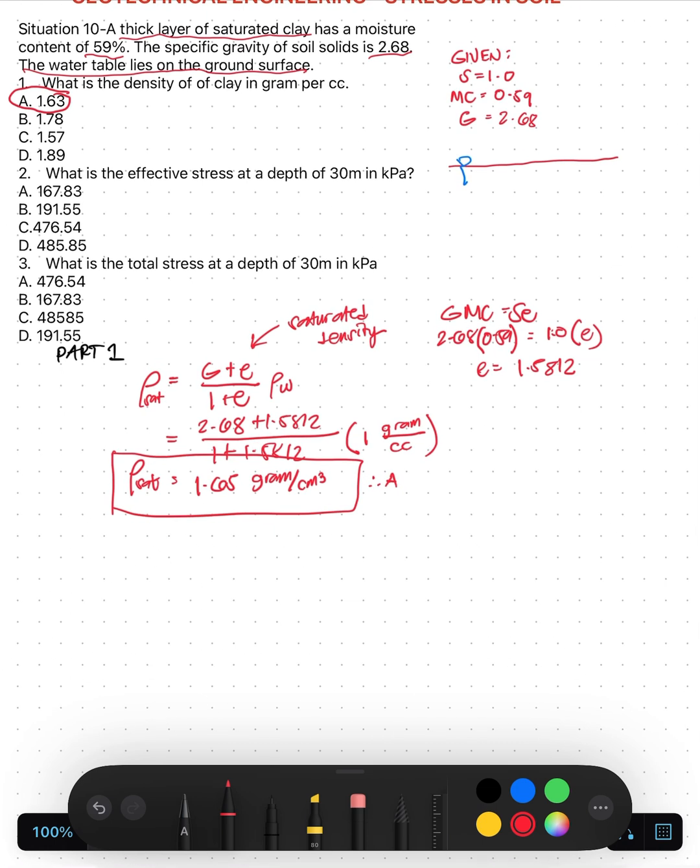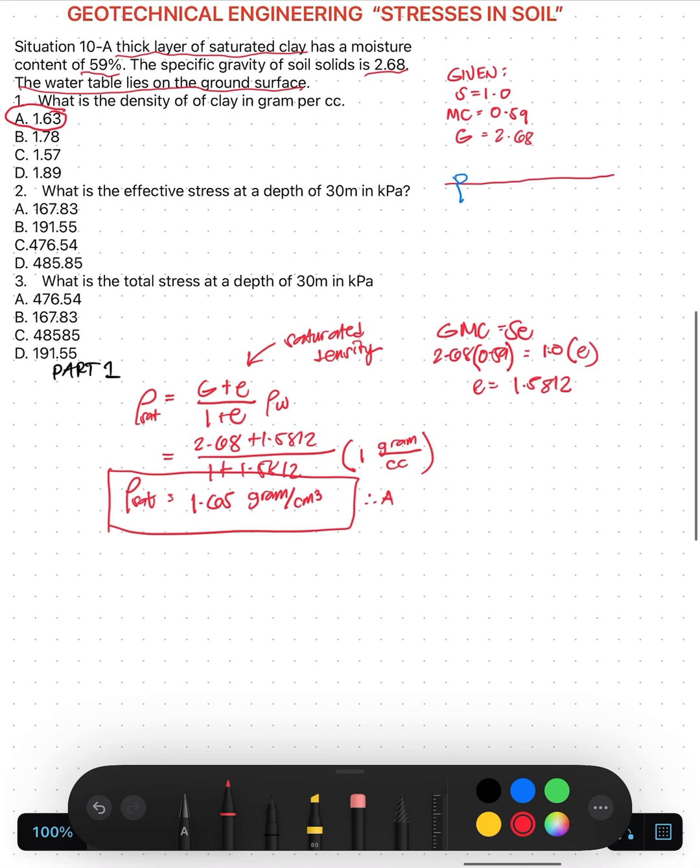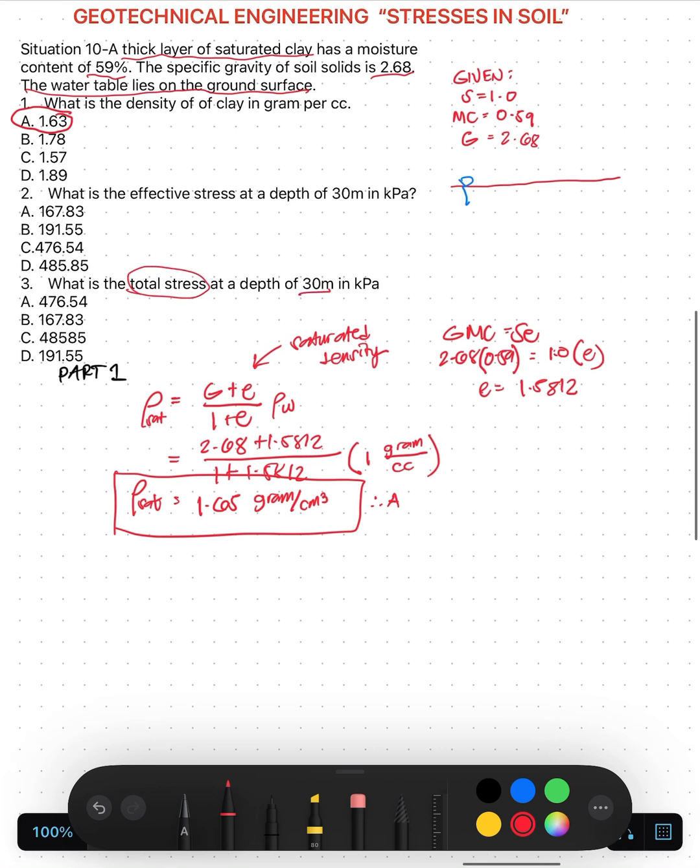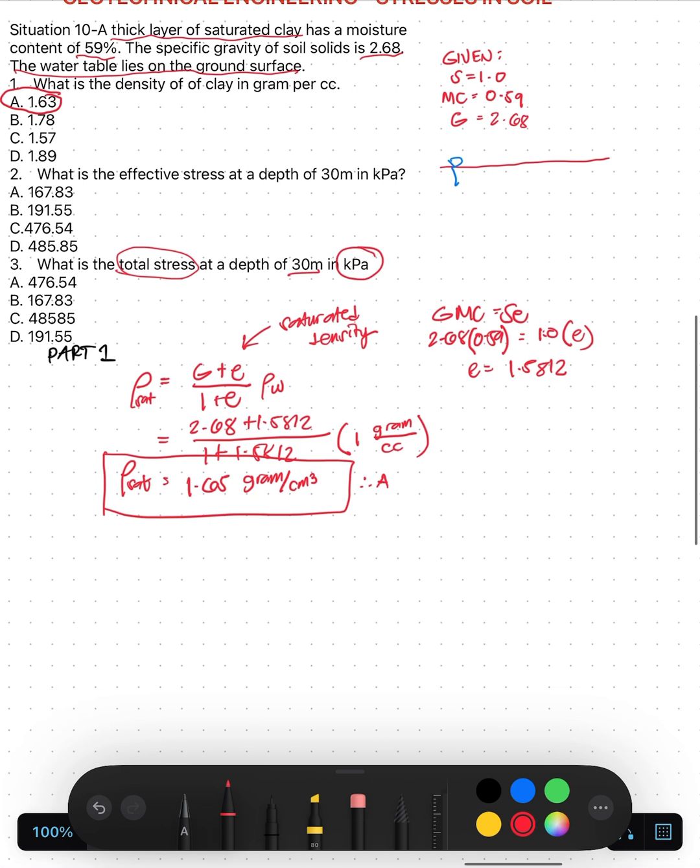Next, what is the effective stress at the depth of 30 meters? Actually, we can solve first for our total stress at a depth of 30 meters. When we say total stress, it is in kPa. We can say that stress or pressure is equal to unit weight times the height.